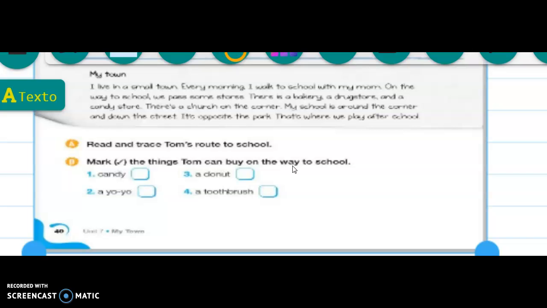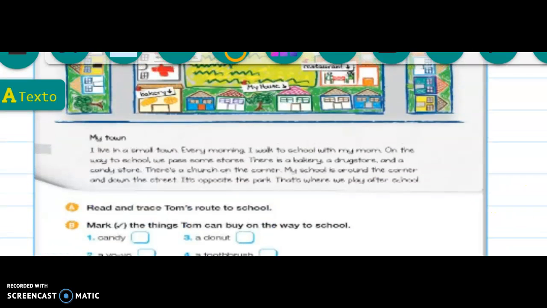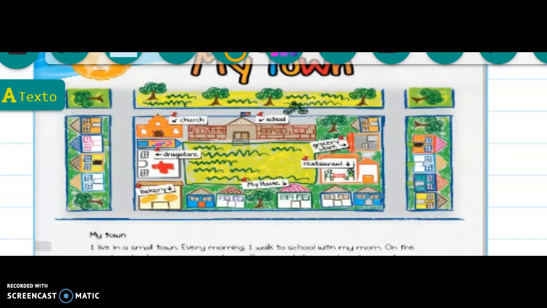¿Qué cosas él puede comprar yendo hacia el colegio? Candies. Yes, candy, because this is a candy store. A donut. Yes, because it's in the bakery.